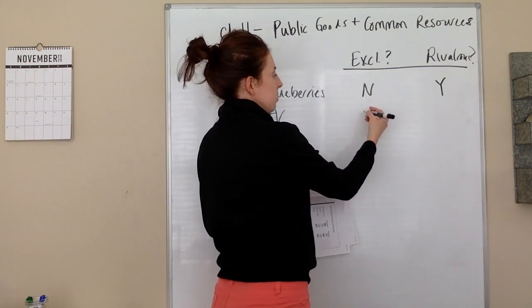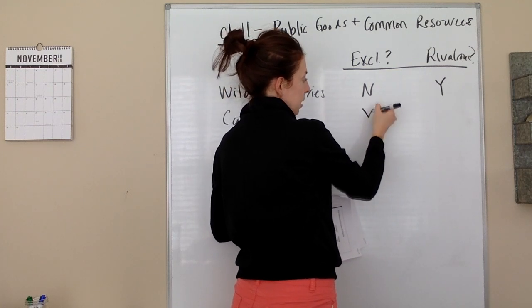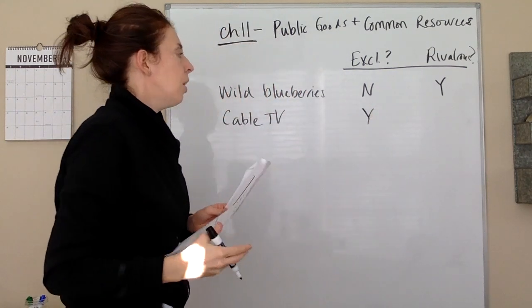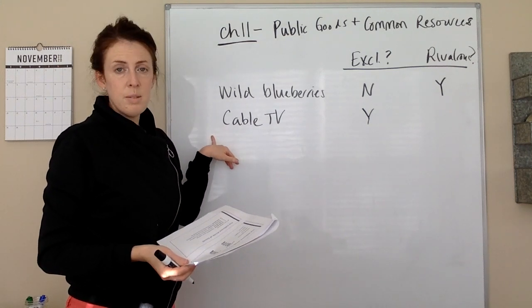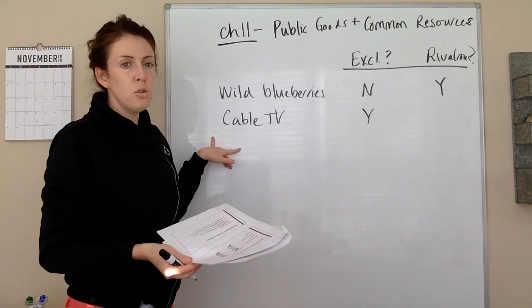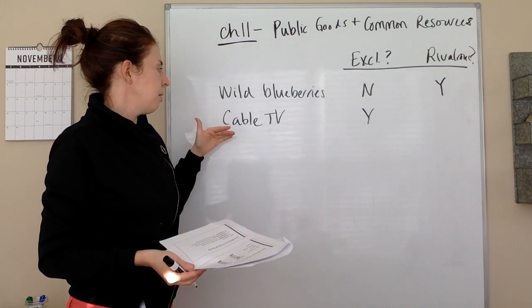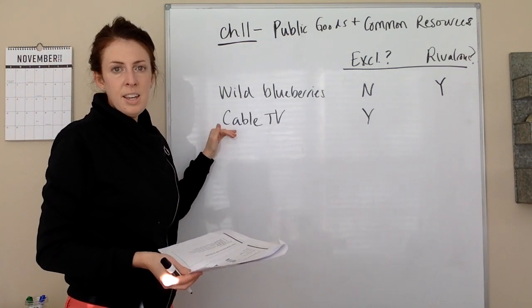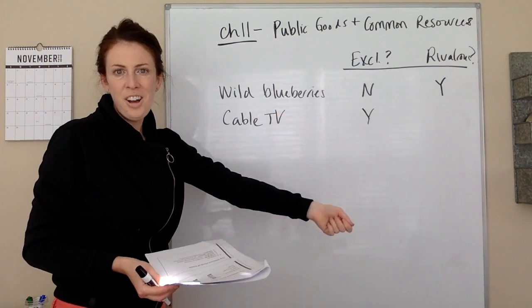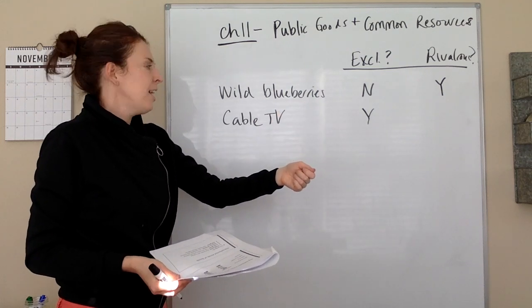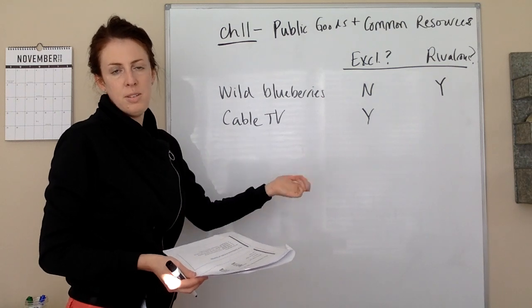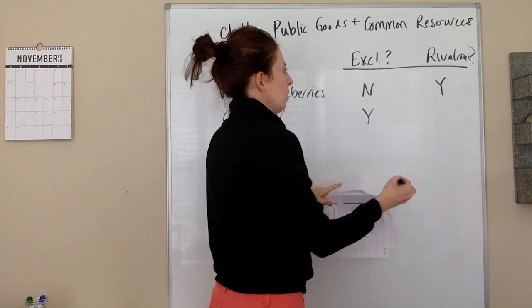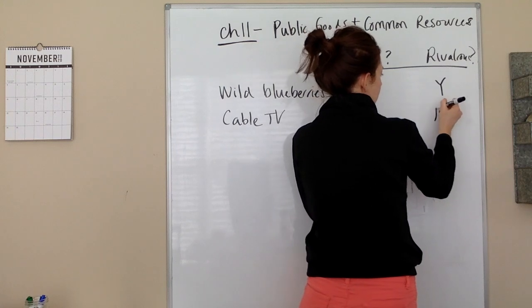So cable TV is definitely excludable. Unless you pay for it, you don't get it. Is cable TV rivalrous? It is not rivalrous, because as soon as I choose to pay for cable TV, it's not like my neighbor's cable gets turned off. One person's use of cable TV does not diminish another person's use of cable TV. So it is excludable, but it is not rivalrous.